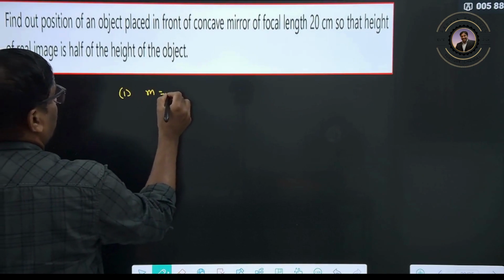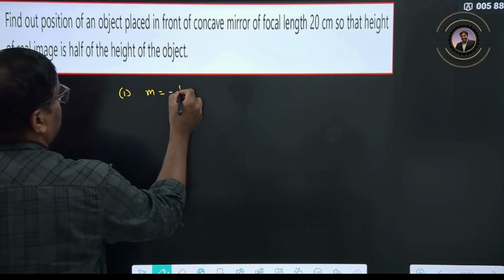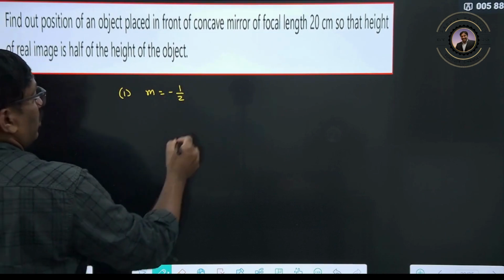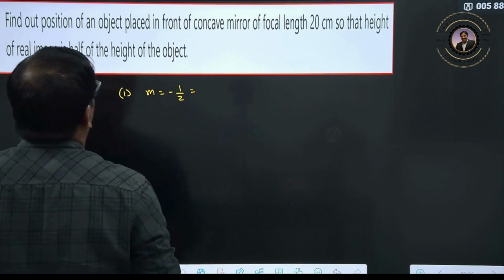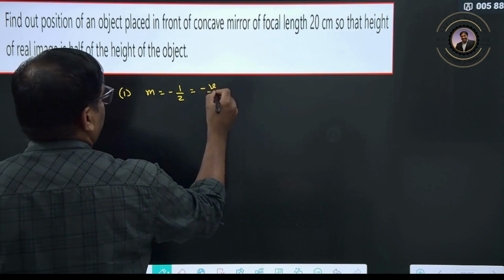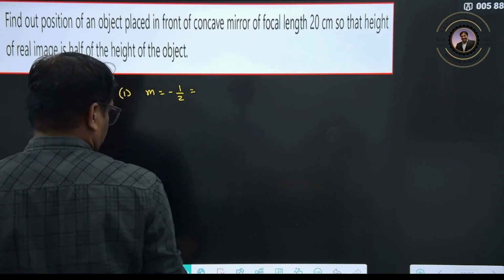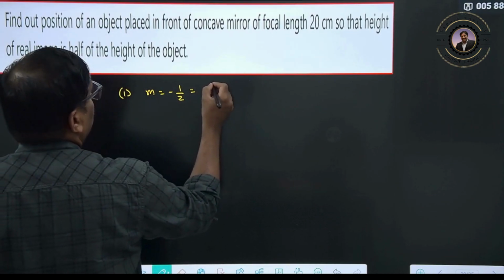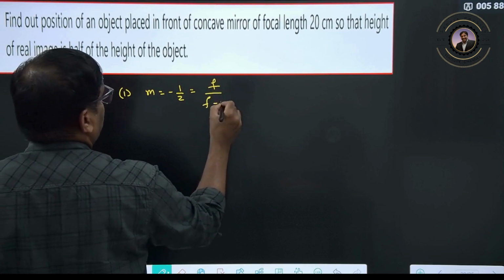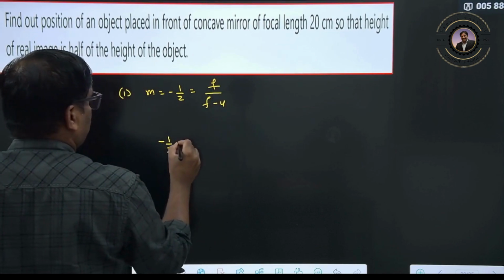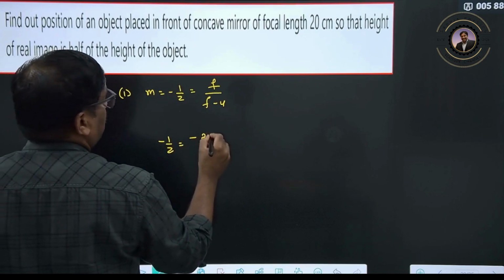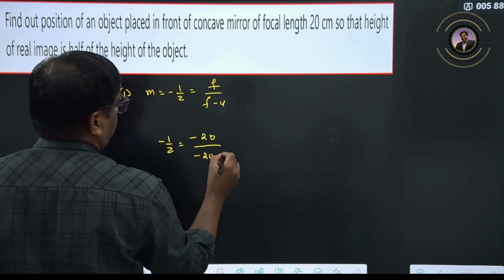Therefore your magnification is minus half for the real image. So the height of the image, therefore, is minus v by u, which you can write as f by f minus u. Therefore minus 1 by 2 equals f by f minus u, and f is minus 20, so minus 20 over minus 20 minus u.